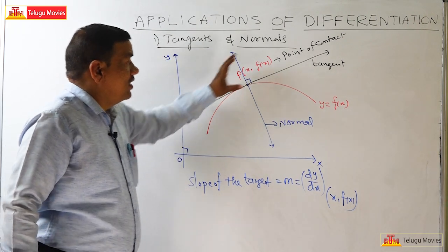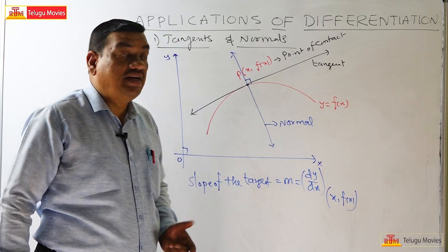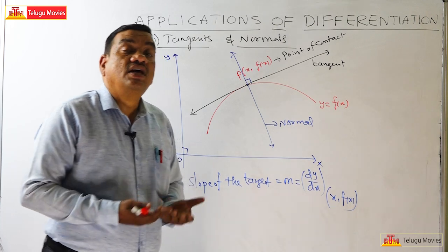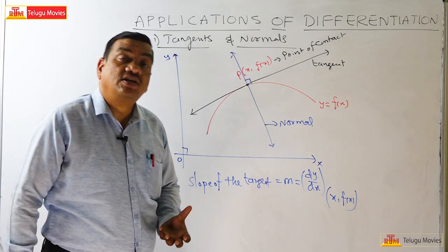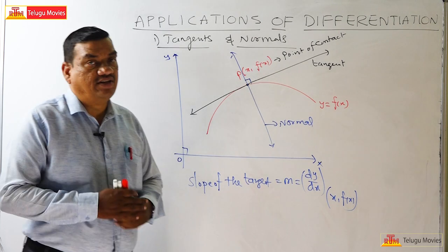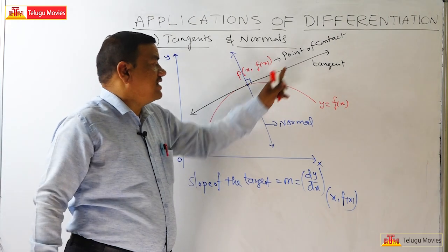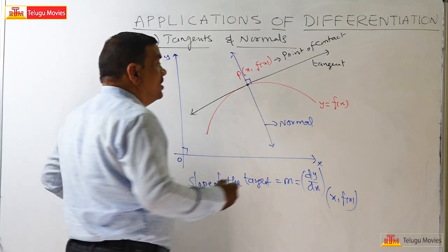That means, given the curve equation, differentiate, that is find dy/dx, and substitute this point in dy/dx. Then you will get one numerical value, that is called the slope of the tangent. Understand?